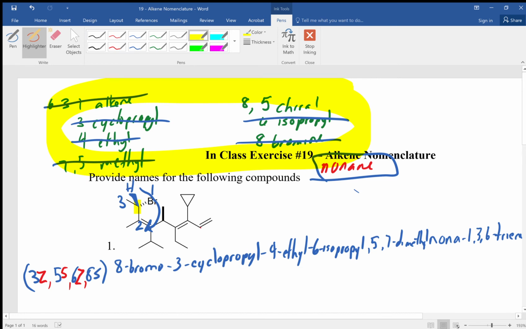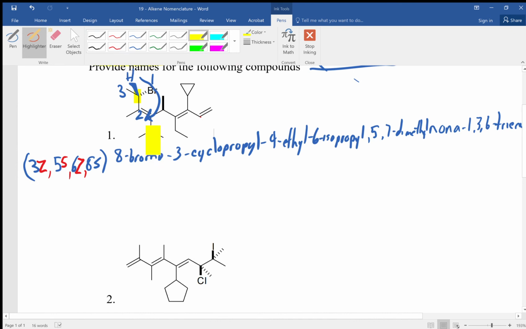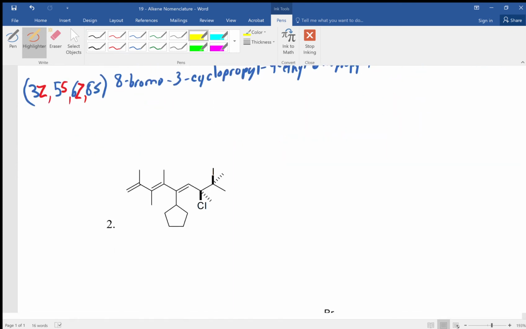At that point, you may find that you can, in fact, juggle all of that information in your head. But for right now, when you've got a complicated molecule, you will find that it'll make life a lot easier to write everything out, make a nice organized list, and work from there. All right, let's go on to number 2 then.